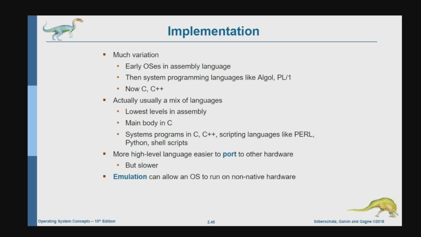More high-level languages are easier to port to other hardware but slower. Rather than these languages, we still have higher-level languages. However, the process will slow down your operating system. And then emulation can allow an OS to run on non-native hardware. This is the emulator that I talked about.